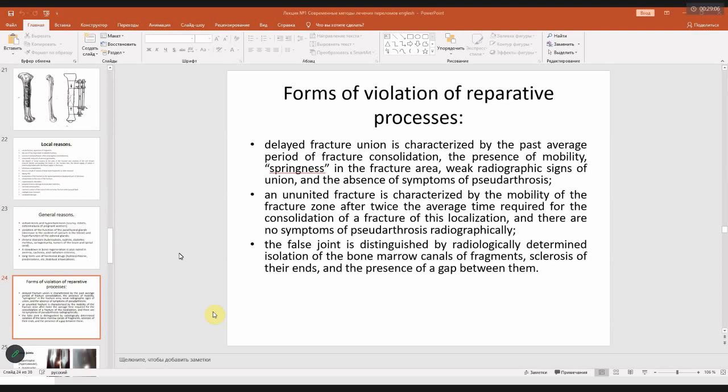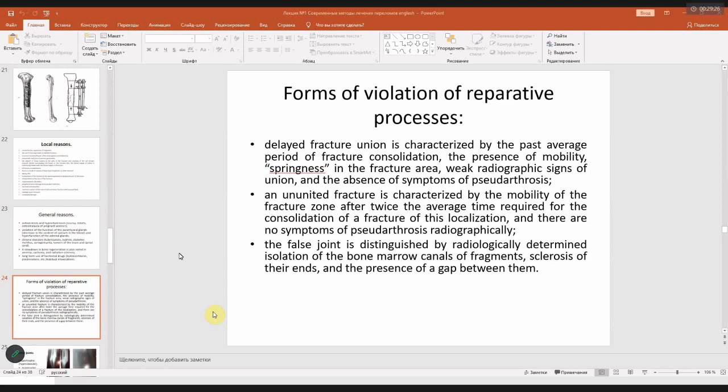The presence of mobility and springiness in the fracture area. Weak radiographic signs of union and the absence of symptoms of pseudoarthrosis.